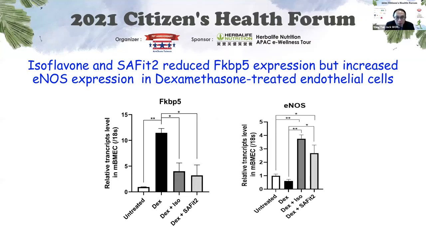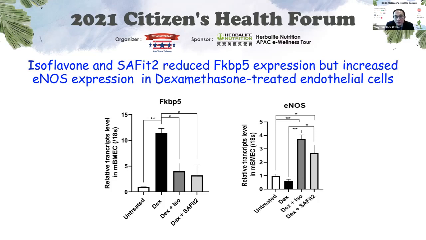Meanwhile, the real-time qPCR results showed that FKBP5 was increased in the dexamethasone-treated endothelial cells, and the addition of soy isoflavones or SAFit2 downregulated FKBP5 levels.